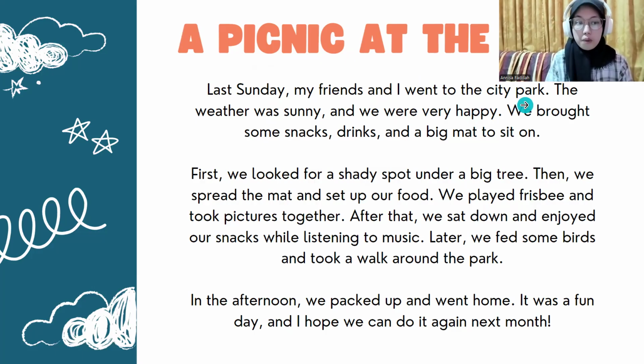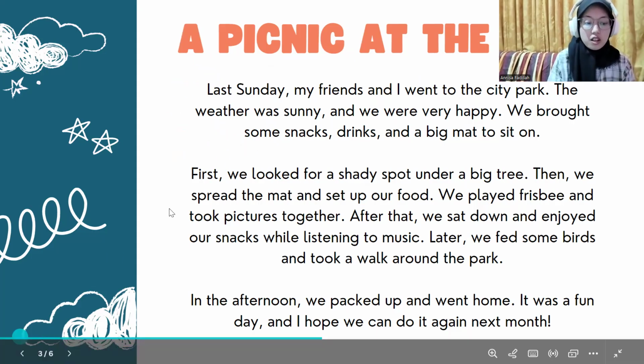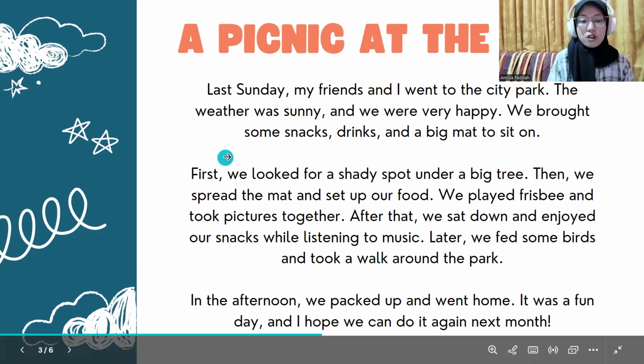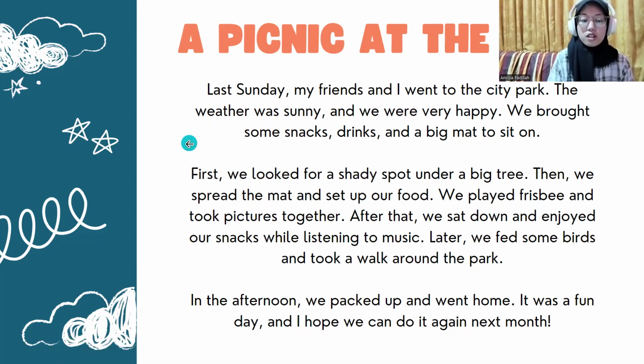At the city park, that's right. So when did the story happen? Last Sunday, that's right. So it's clear, yeah. The first paragraph here is the orientation part. It is the introduction part where it tells us when, who, and where the story happened.